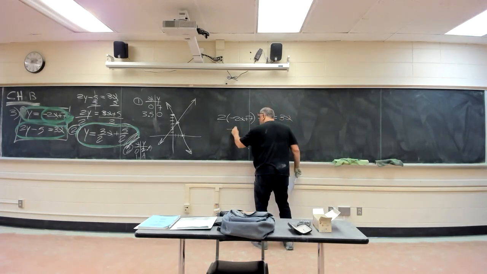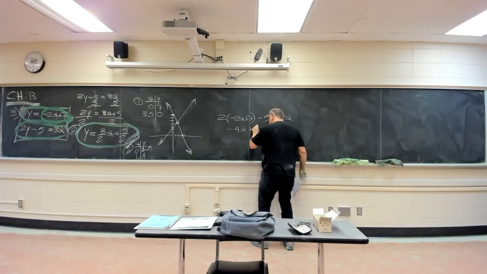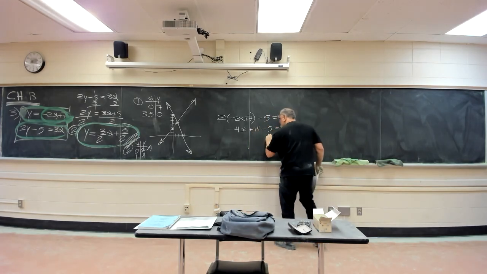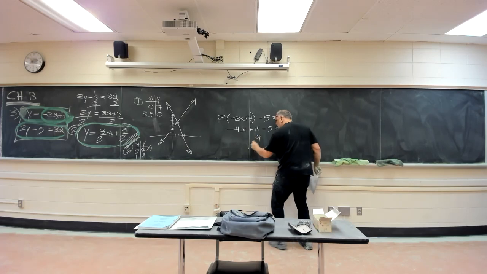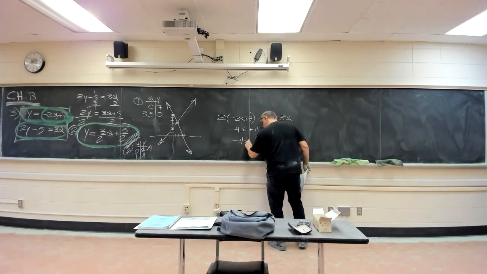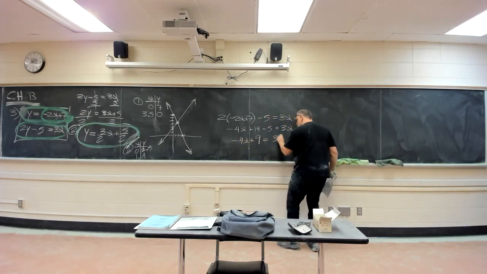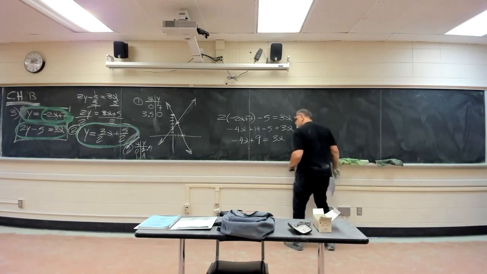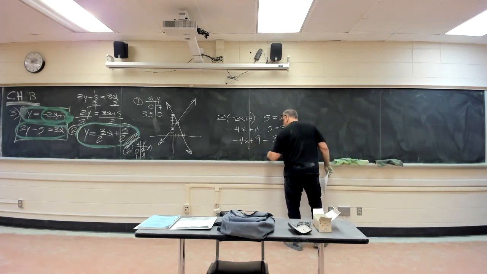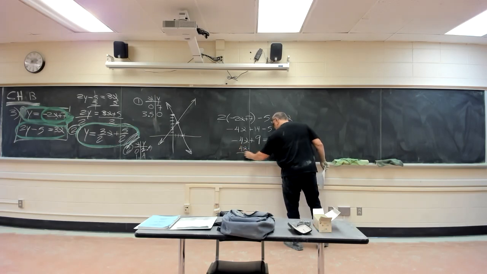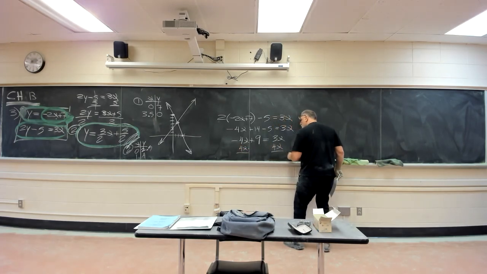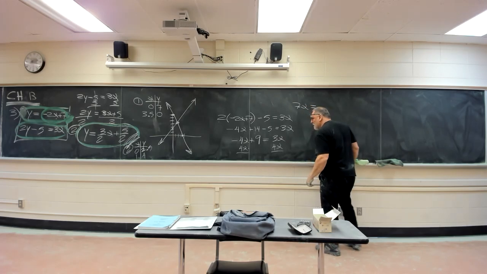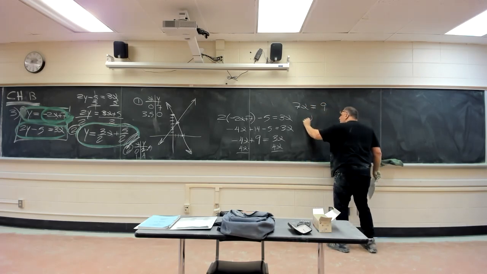Distribute the 2. 14 minus 5 is 9. Add positive 4x on each side. Divide by 7 on each side.